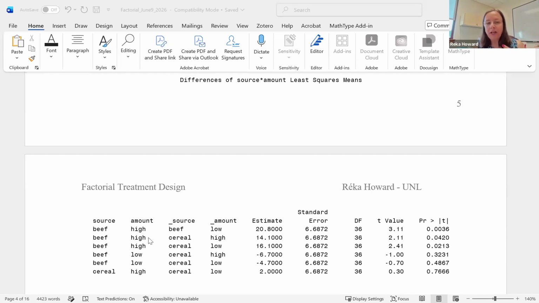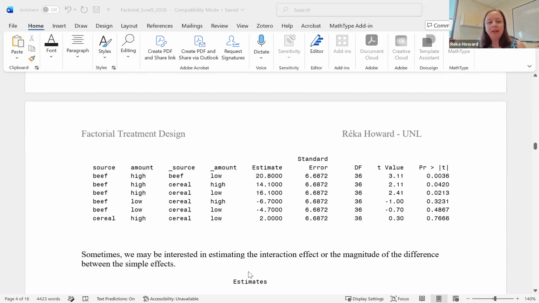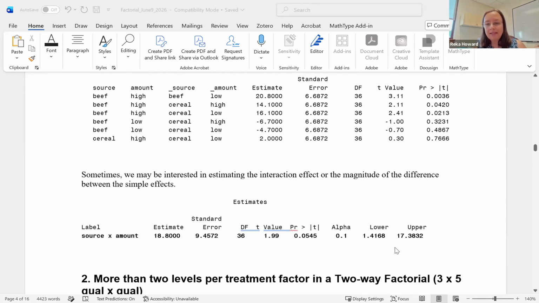So I have to be very careful knowing what I'm interested in, what I'm not interested in. And then this is just, again, another output of the interaction, and then this is my p-value associated with the interaction, and actually I am getting an estimate associated with the interaction.